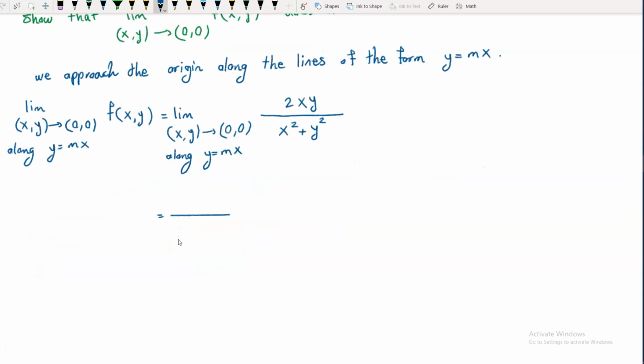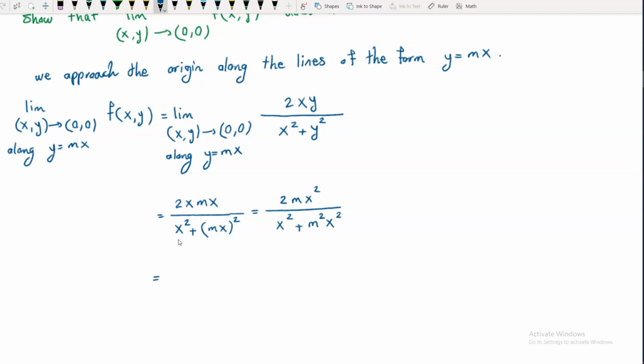This is equal to 2x times mx divided by x squared plus mx squared, which is 2m x squared over x squared plus m squared x squared.